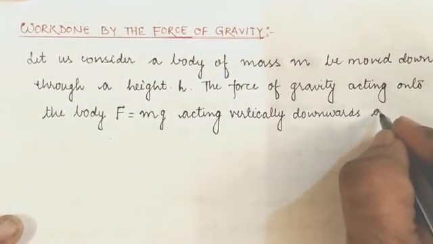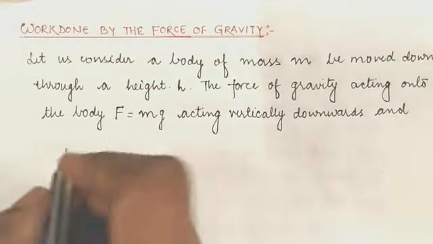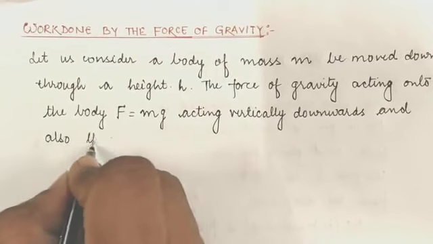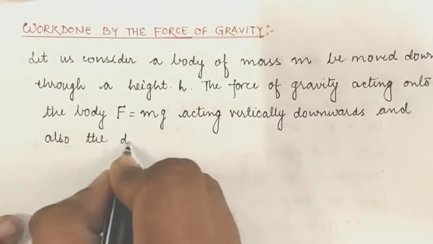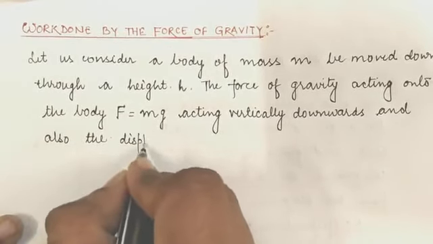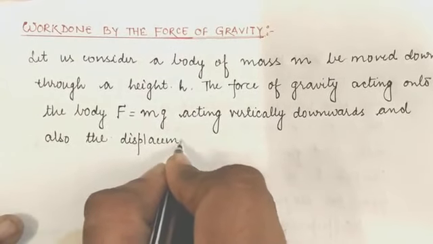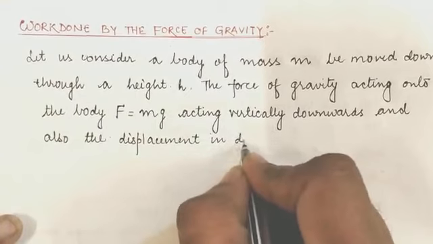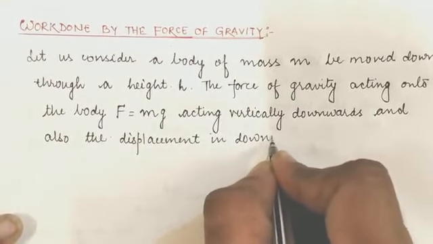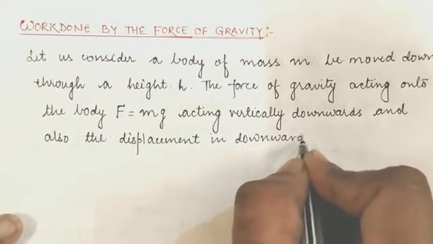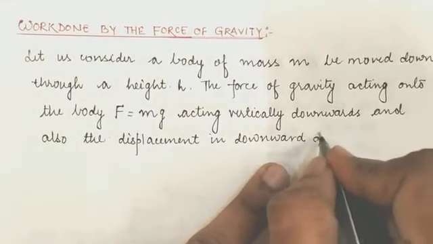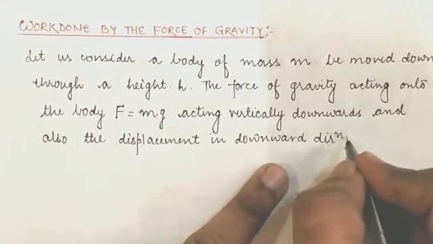okay, and also the displacement in downward direction. Okay children, it means that both the direction of the force and the displacement are in the downward direction, both the direction are same.